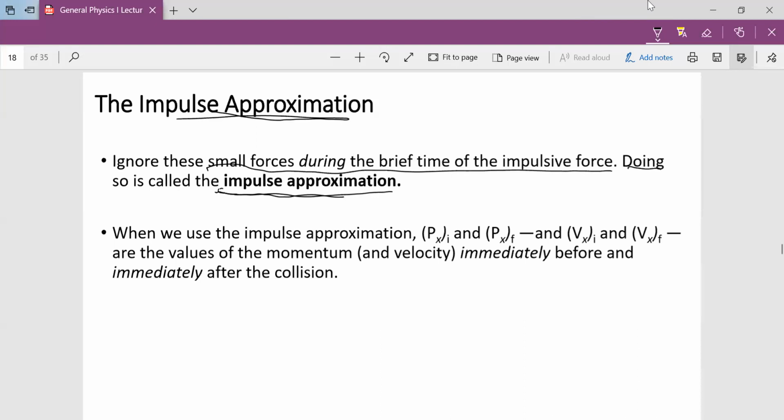So whenever we use impulse approximation, the initial and final momentum and the initial and final velocity values immediately before and immediately after tend to be the same. Okay. And it is this information that helps us establish the laws of momentum.